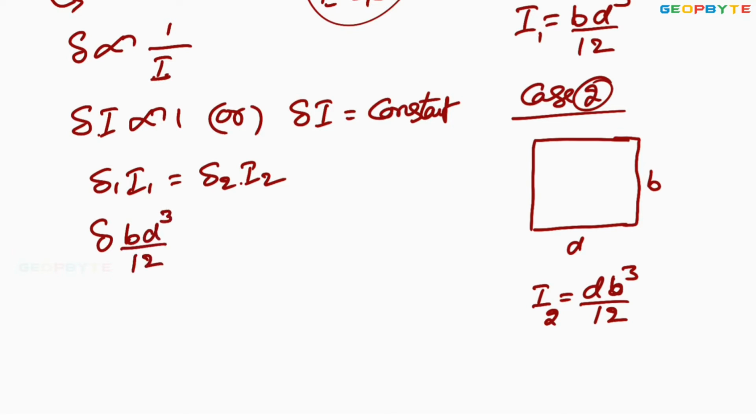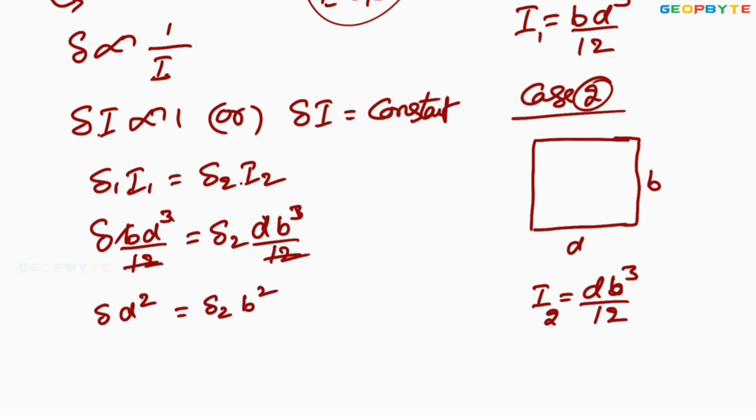B d cube by 12 into delta is equal to delta 2 into I2, where I2 equal to dB cube by 12. Of course, this 12 is cancelled. Then b is cancelled, d is cancelled. Finally, delta d square equal to delta 2 into b square.